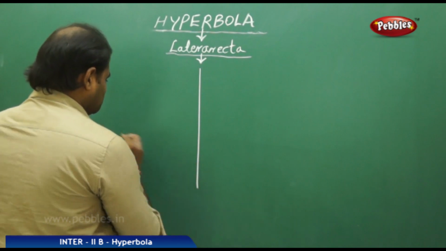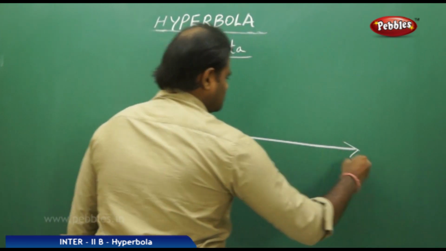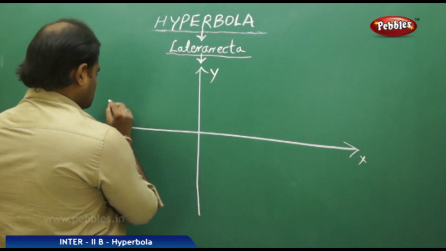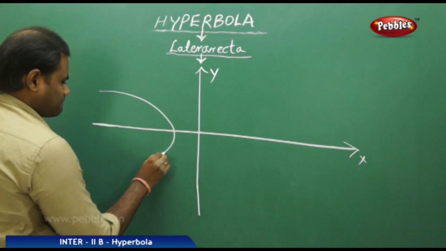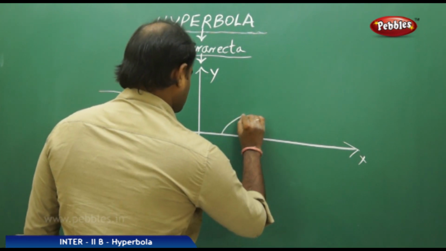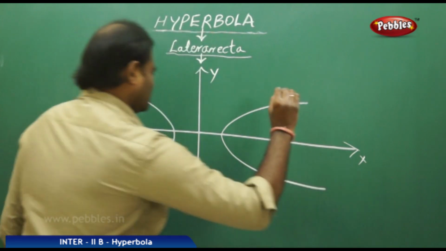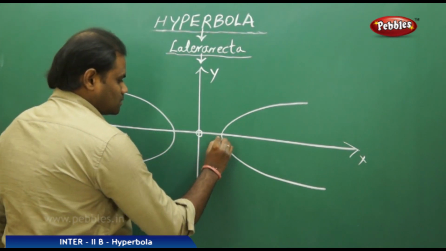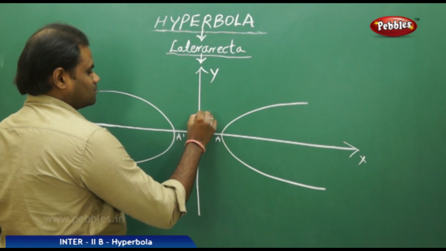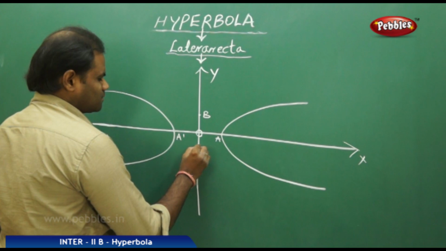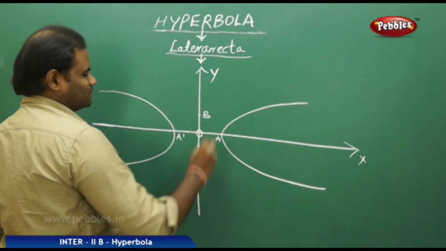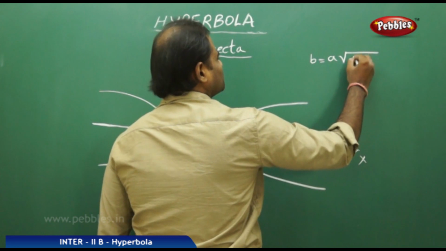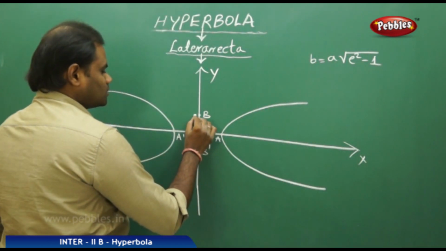So when I draw the hyperbola, I have the hyperbola with center as origin, and of course its x-intercepts are A and A dash, and this is B and B dash, with B being a root of e squared minus 1, the distance we get here.